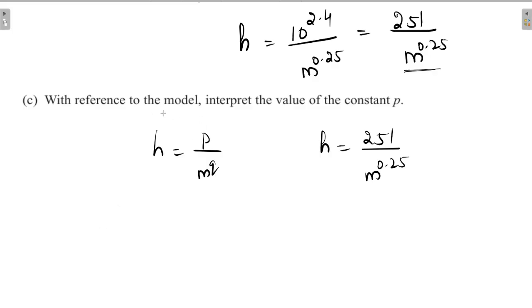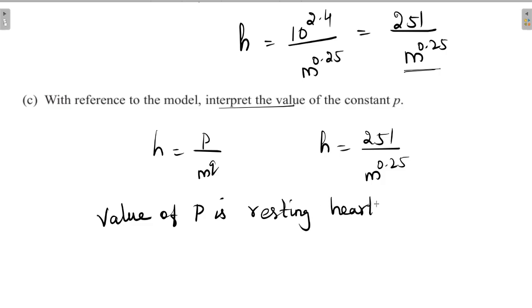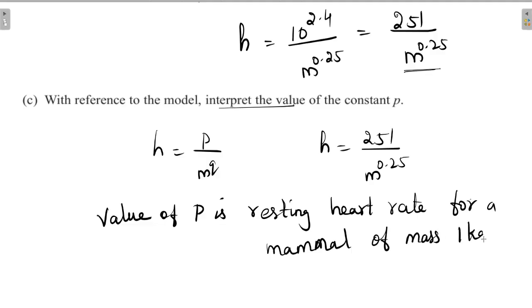We have to interpret the value of p. The value of p is the resting heart rate per minute for a mammal of mass 1 kg.